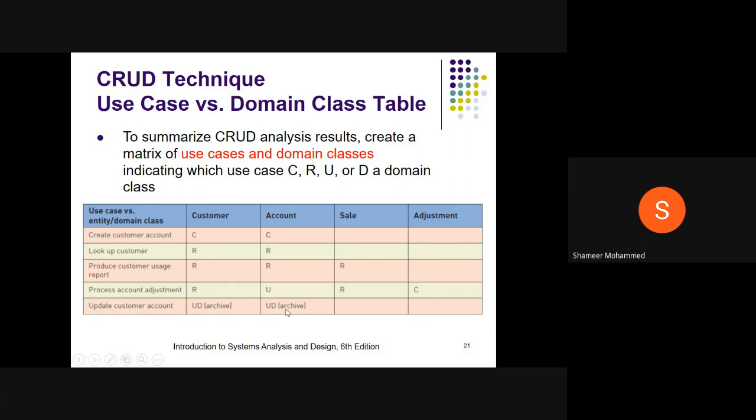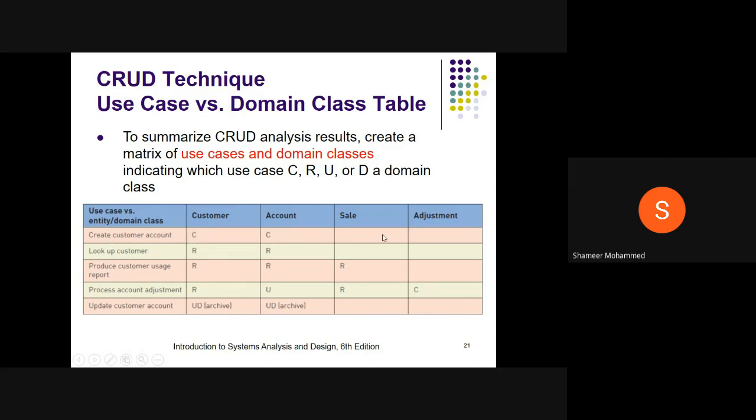The accounts entity is updated. This one is not needed. Creating the customer account is related to this entity. So C means create, R means read, U means update, D means delete.